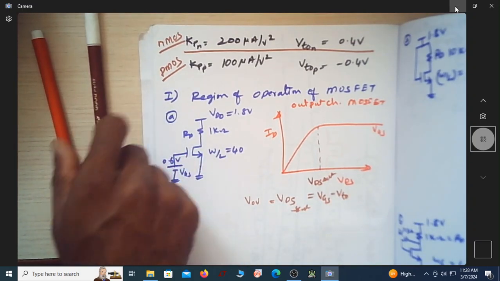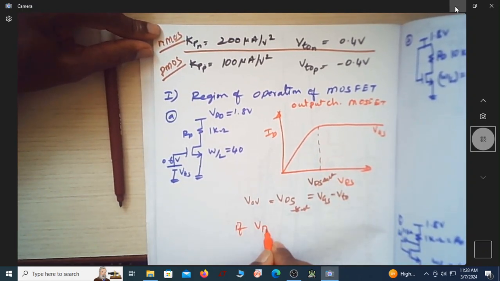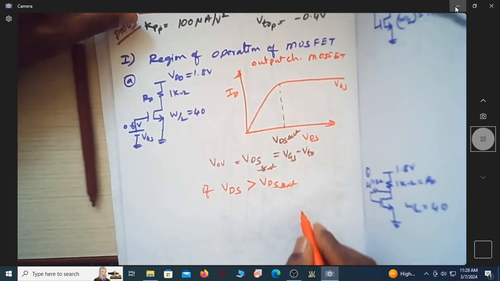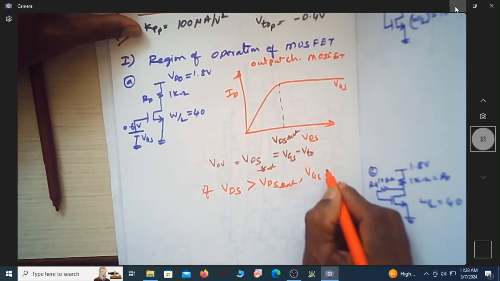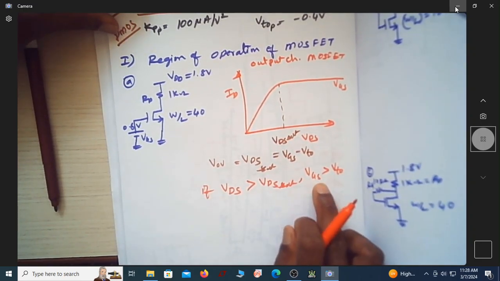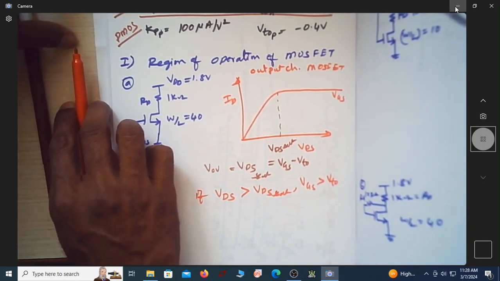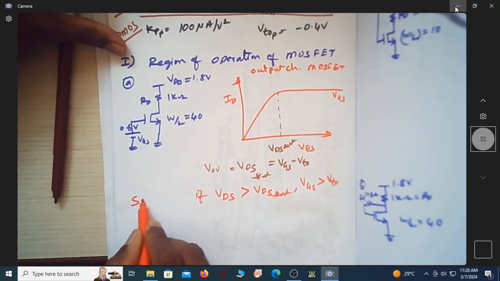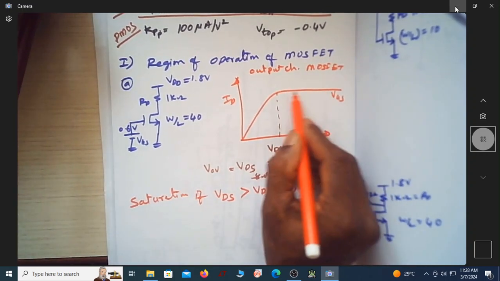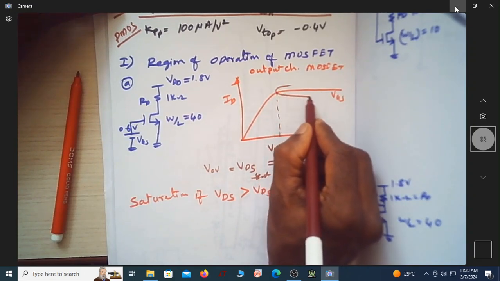If the value of VDS is greater than VDS sat, and of course with VGS greater than VTO, I will say the MOSFET is in saturation. This is the saturation region where the current is constant.